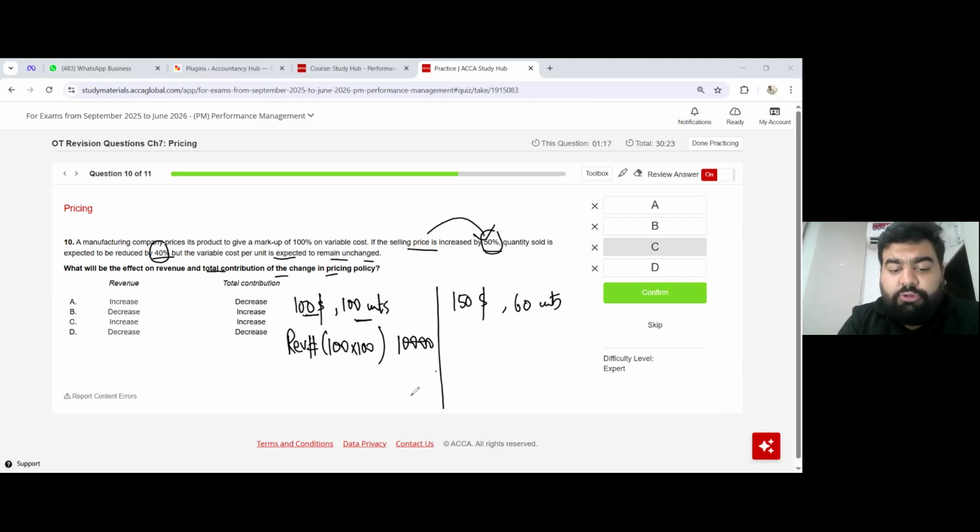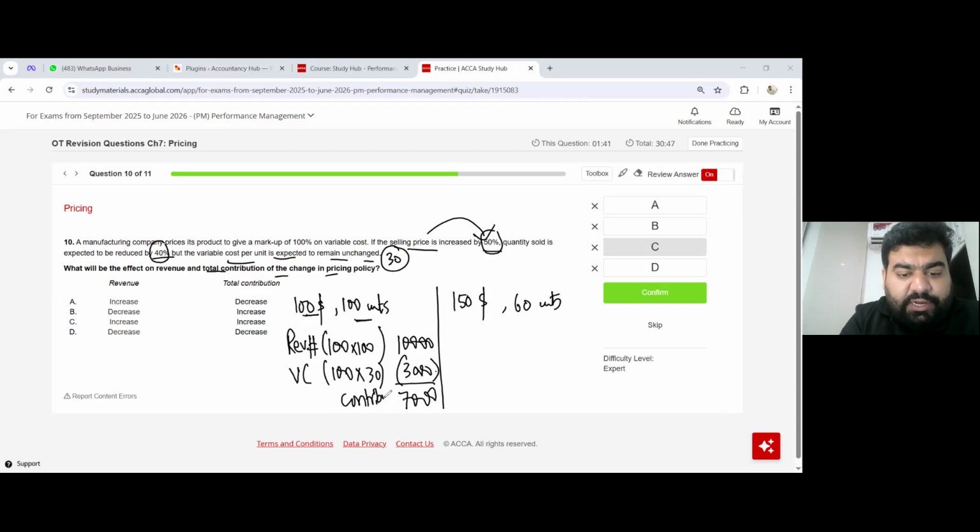I am assuming the variable cost per unit is 30, so variable cost will be 3,000 and contribution will be 7,000.